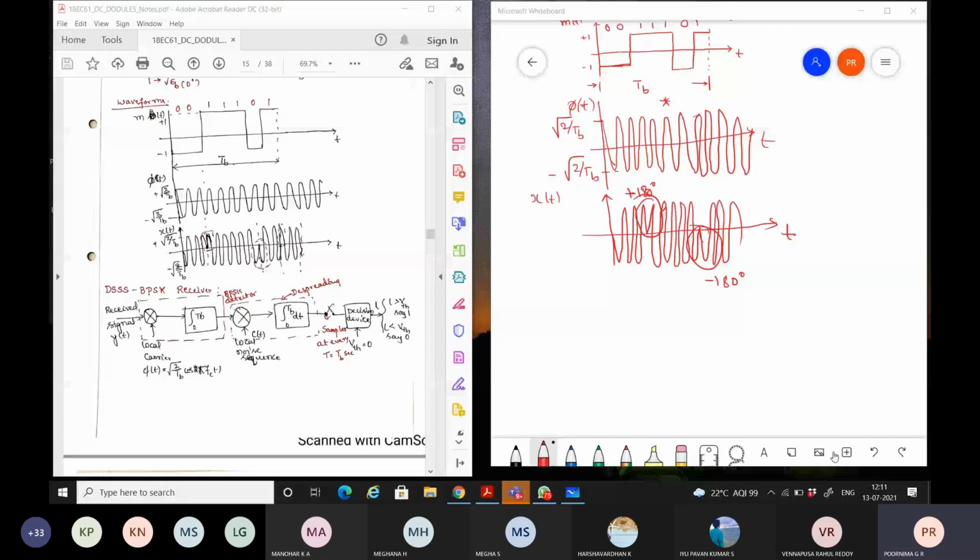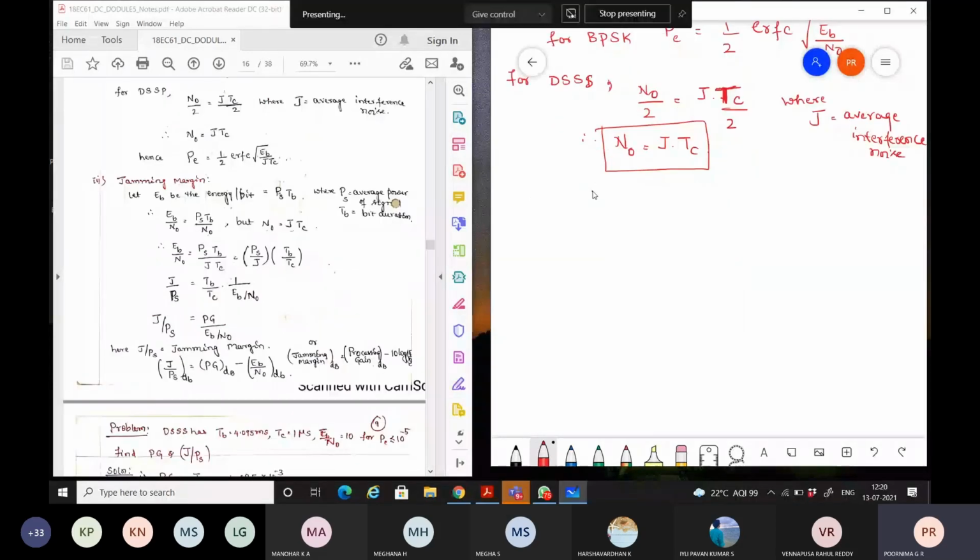The third important parameter that will decide the performance of direct sequence spread spectrum is the jamming margin.